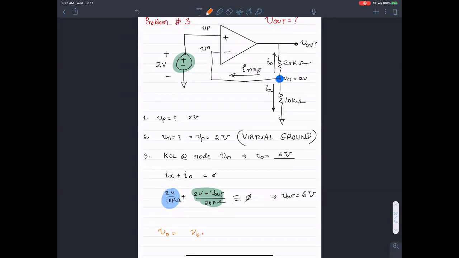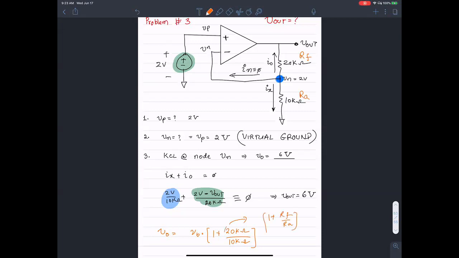By noticing that this is a non-inverting amplifier, V output is going to be VB times 1 plus RF over RA. That's RF, right? This is RA, right? So this is 1 plus RF over RA.